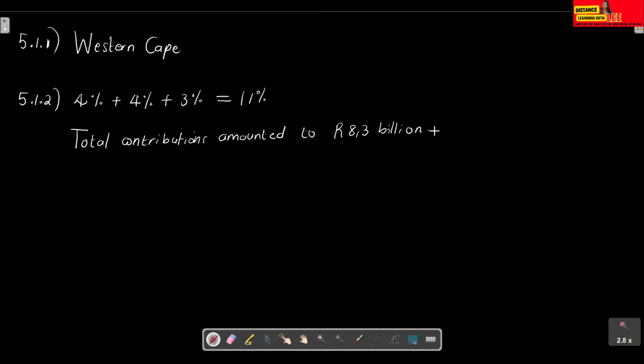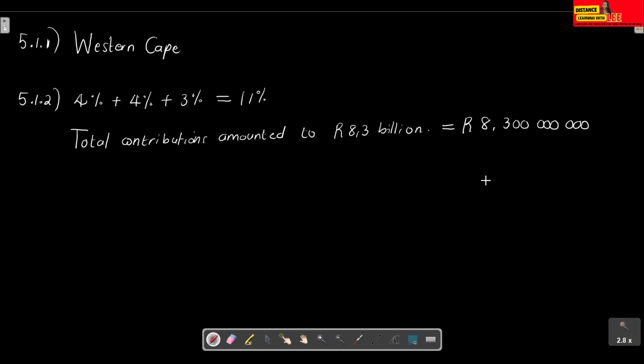We know that a billion has 9 zeros, but because the 3 already takes the place value of one of those zeros, it's going to be 8 point 3, and then we count 1, 2, 3, 4, 5, 6, 7, 8, 9. That is how we write out 8.3 billion.